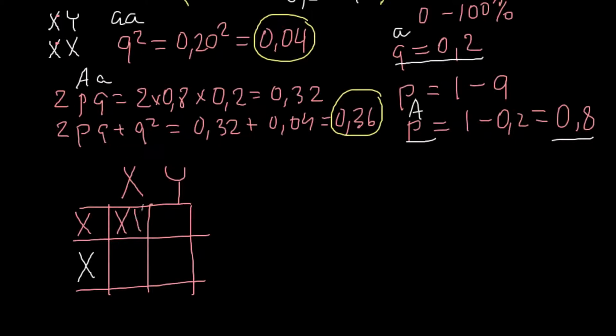But as you see, all the females would be phenotypically normal. 50% of them would be carriers, but 100% of them would be normal, and 50% of the males would express this genetic disorder because they would have only one X chromosome.